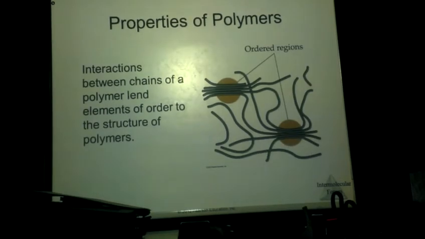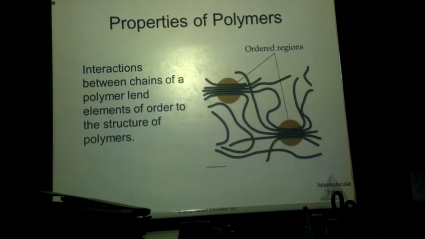So, different properties of polymers. Interactions between chains of a polymer lend elements of order to the structure of a polymer. So what does that mean? Polymers have a lot of strength, even though they're not an ionic solid and even though they're covalently bonded, because we're constantly linking a repeating unit over and over again.